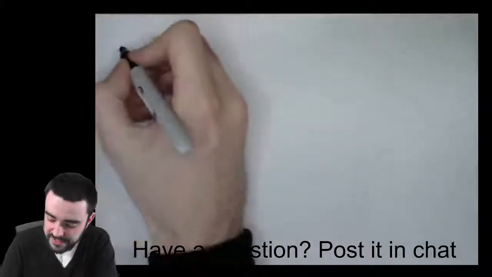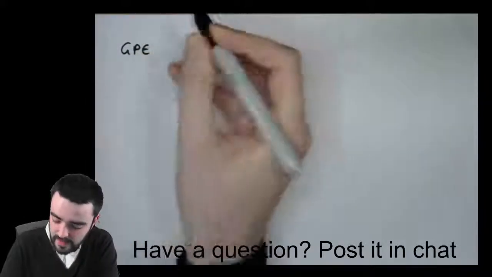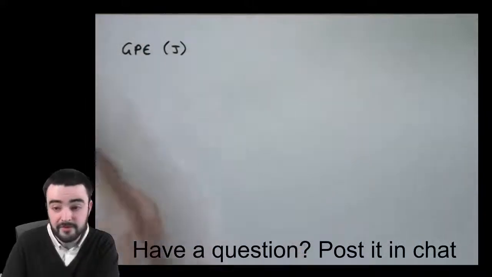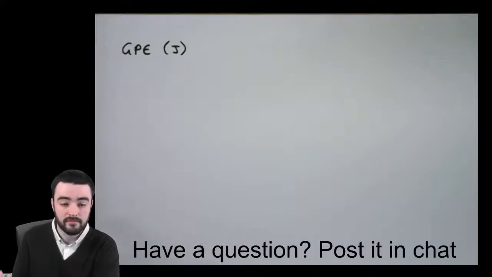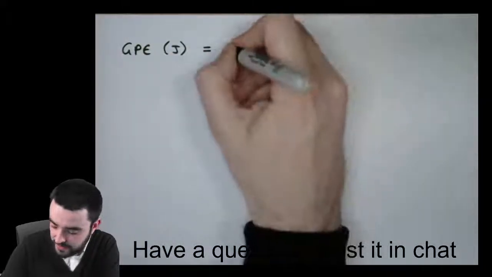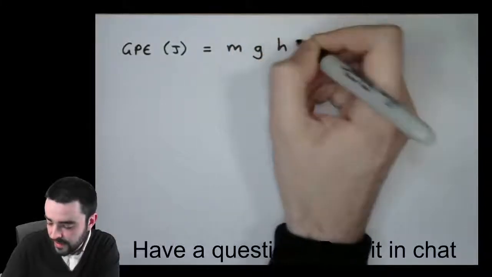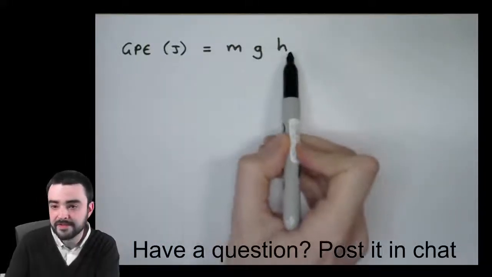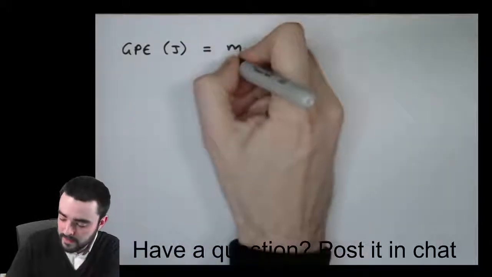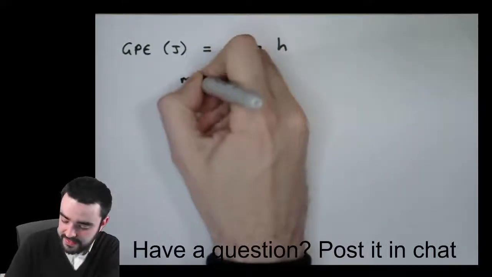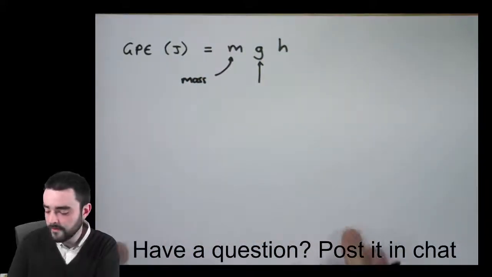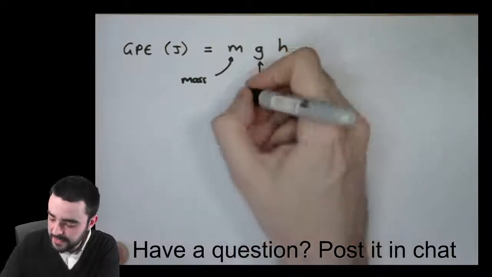So for gravitational potential energy, the GPE, which is going to be measured in joules, because all the energies are measured in joules, that is equal to mgh. And remember, when we write the letters next to each other, there's a hidden multiplication sign in there. So the m is the mass of an object. g is the gravitational field strength, or the acceleration due to gravity.